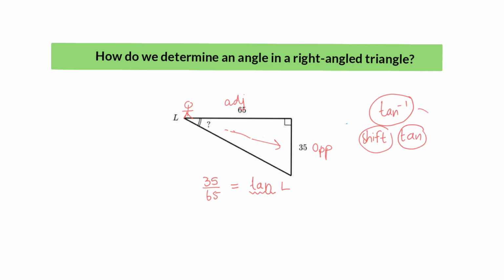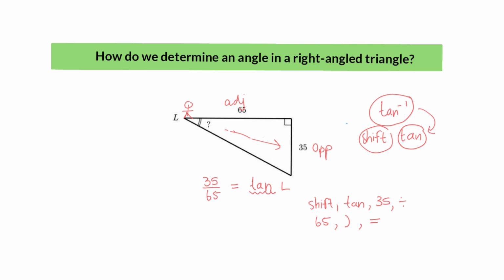Let's see. I'm going to press shift, then tan, then 35, then divide by 65, and then a bracket to close my operations and an equal sign.